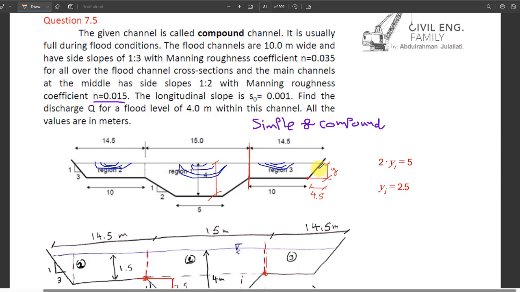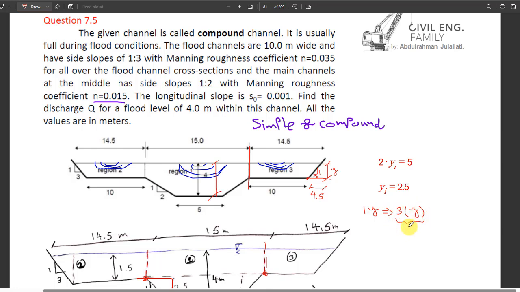And what is this ratio? It says the vertical to horizontal is 1 to 3. Therefore, one vertical, which is 1y, should give me for the base 3y, 3 times y. One vertical should give me 3 horizontal, 3y.